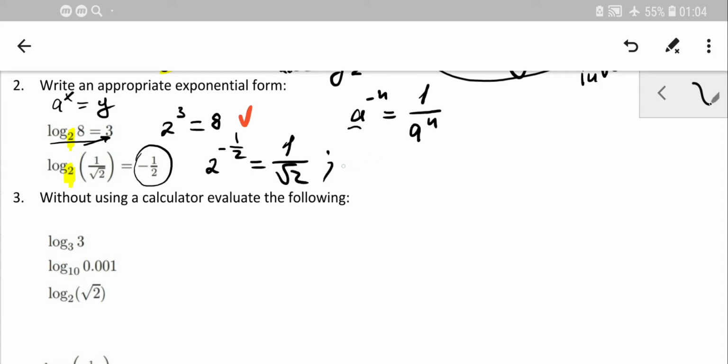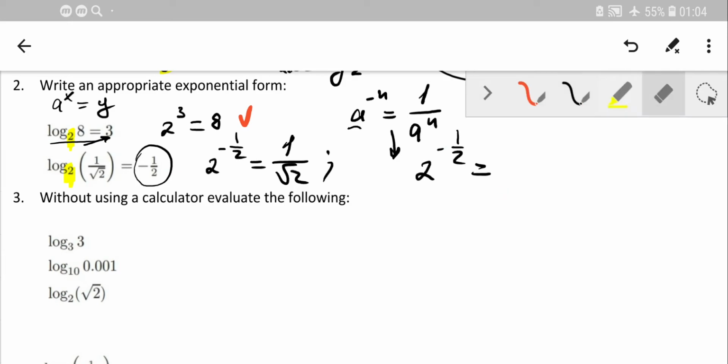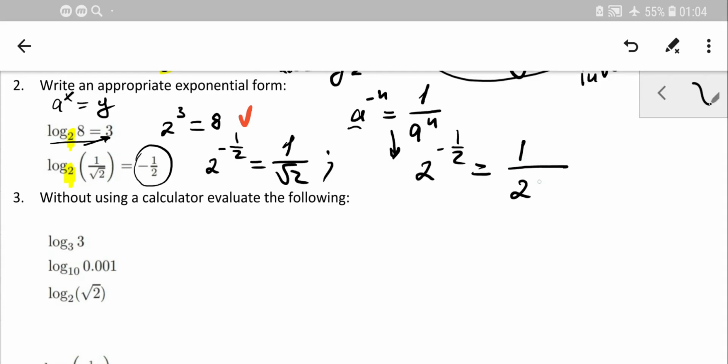So first of all, I'm going to use that property, and I'll get 2 to the negative 1 over 2. I simply say that it's 1 over 2 to the power of 1 over 2. Okay, so the next step is still not what we actually desired.